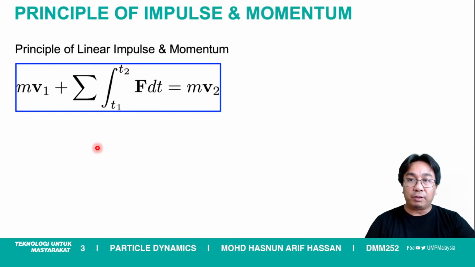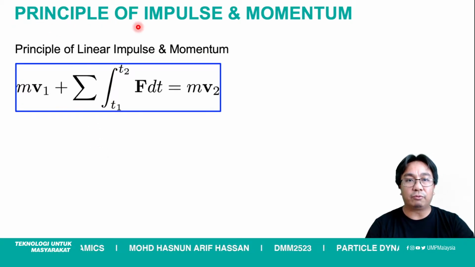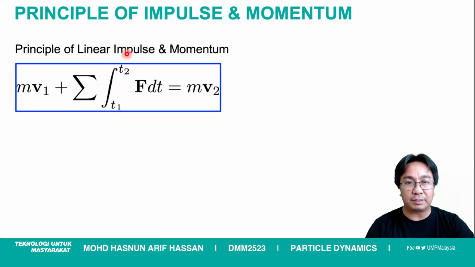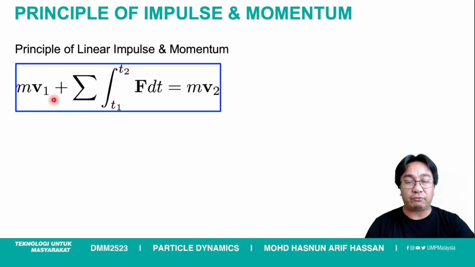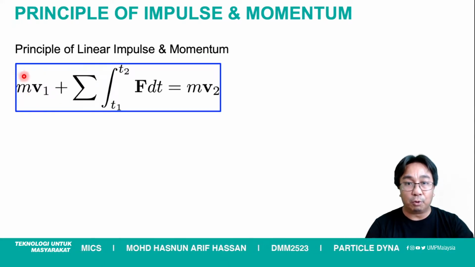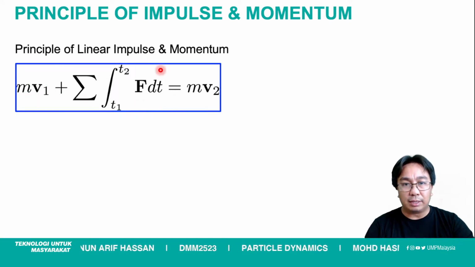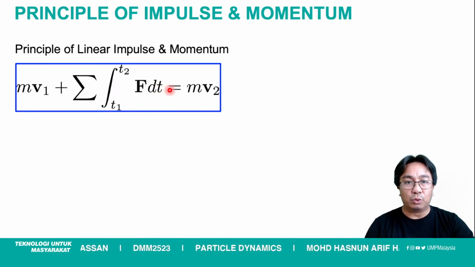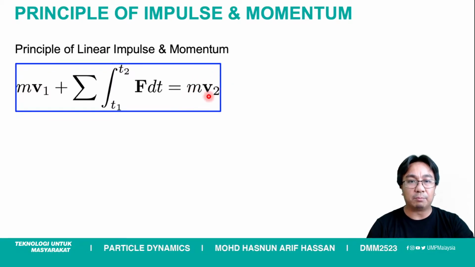Now, in the previous lesson, we learned about the principle of impulse and momentum, and specifically we discussed the principle of linear impulse and momentum. And this is what we have. The principle of linear impulse and momentum is mv1, the initial momentum, plus the total impulse is equal to mv2, the final momentum.